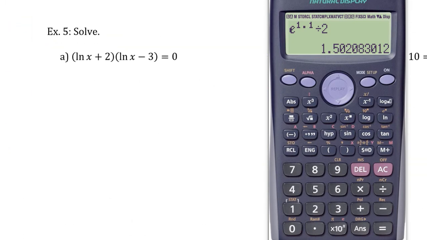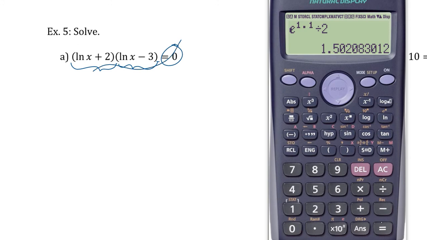Now let's take a look at another type. We're going to look at a couple more different types. And do we remember these ones? This one's already kind of set up for us. We did these with logarithms, and they might have had different bases. But in this case, I'm log base e, so ln, and this is already set up as the product of two things equal to 0.